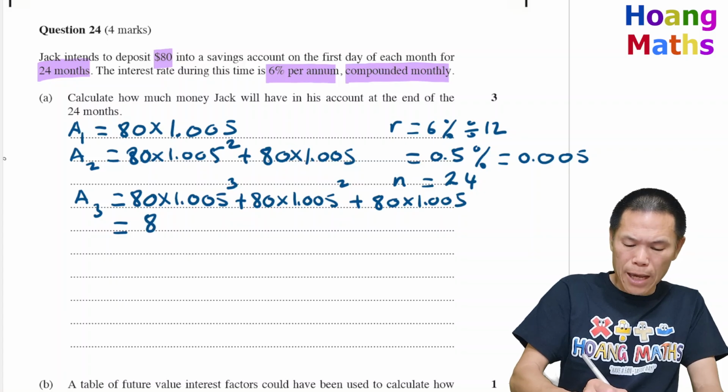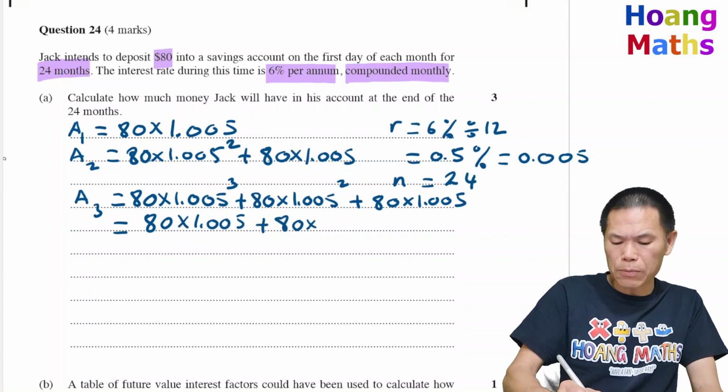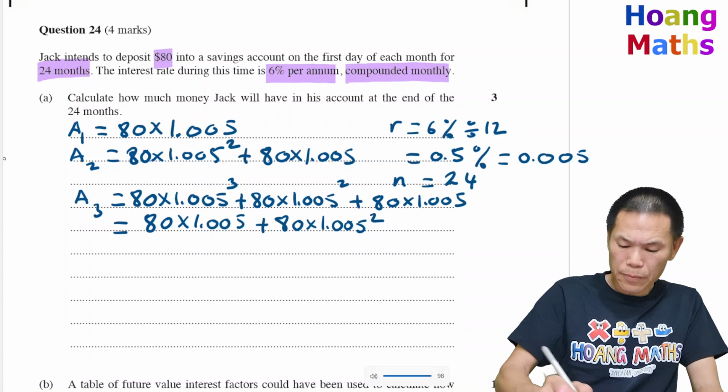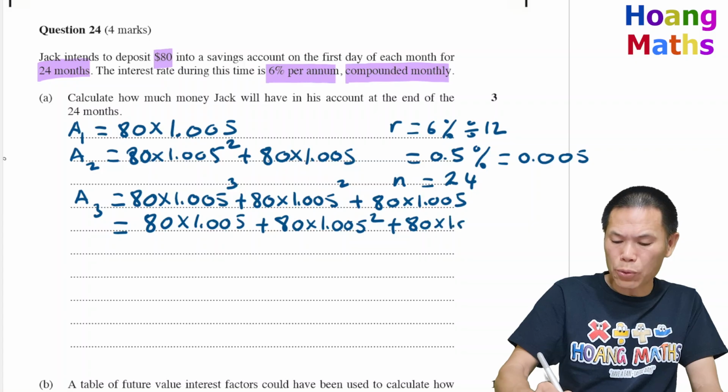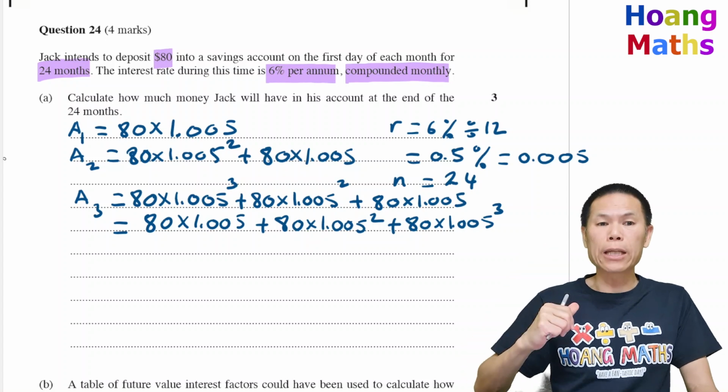That is the same as 80 times 1.005. We add 80 times 1.005 squared. And we add 80 times 1.005 to the power of 3. I just write in ascending order, so it's easier, that's all.